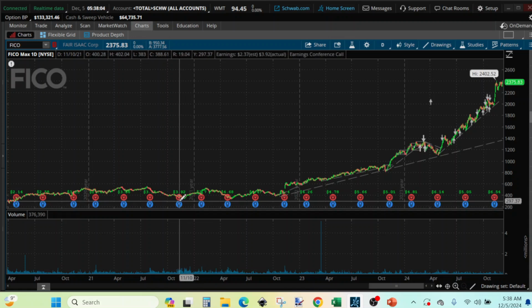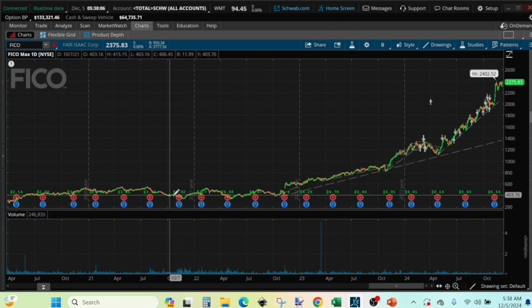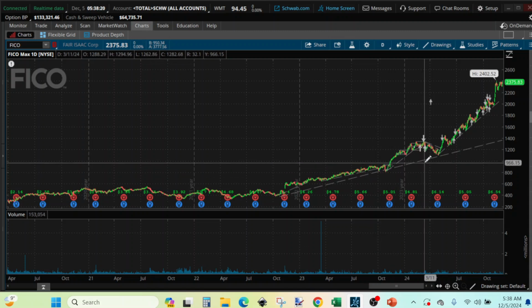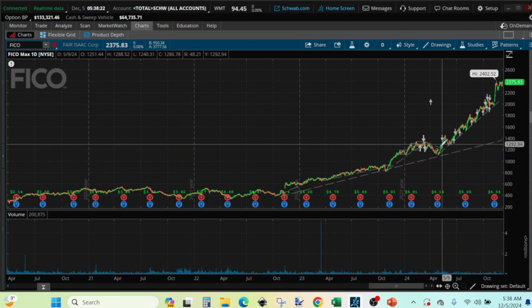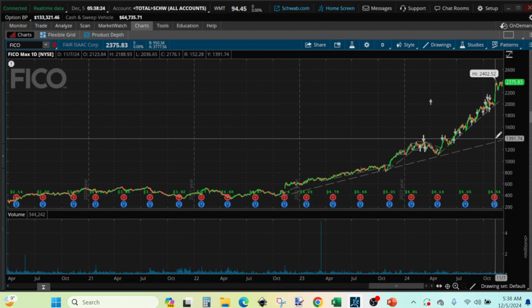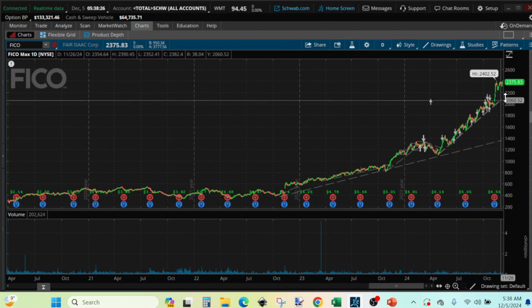But there's something you need to consider as well: do you see this line here that my mouse is on? It was coming back to it, but when it veered away from it here, it didn't come back to that line. We don't see it come back to it, but it followed that trend instead. So is it going to come back to this line, or is it going to continue this?